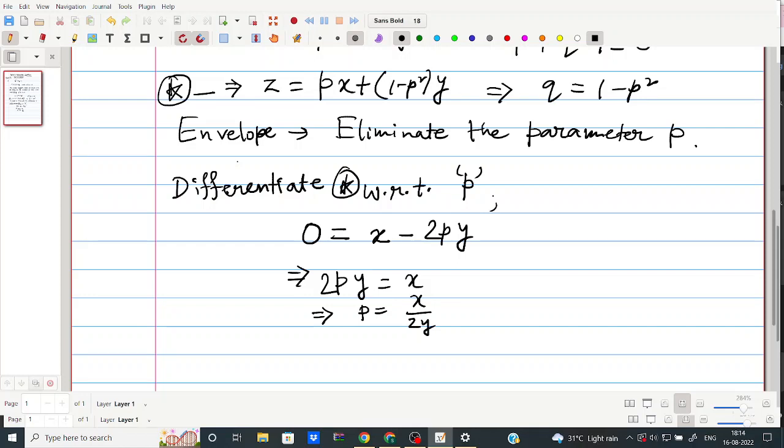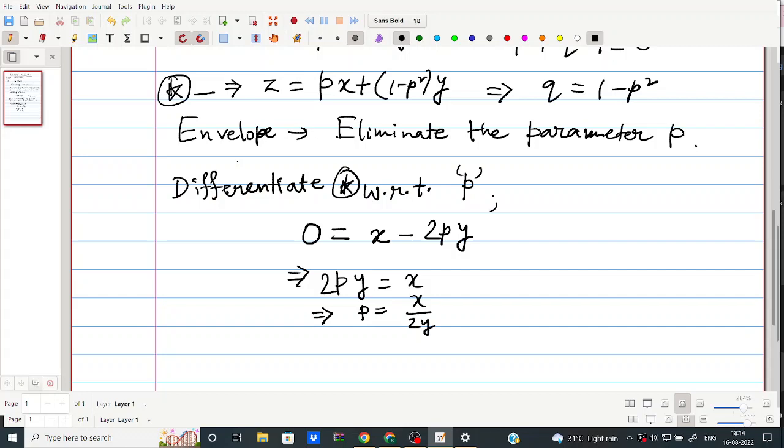So what I get, the equation z equal to x squared plus 4y squared by 4y. So that means x squared plus 4y squared minus 4yz equal to 0. This equation is independent of the parameter p, right? So what is my envelope?